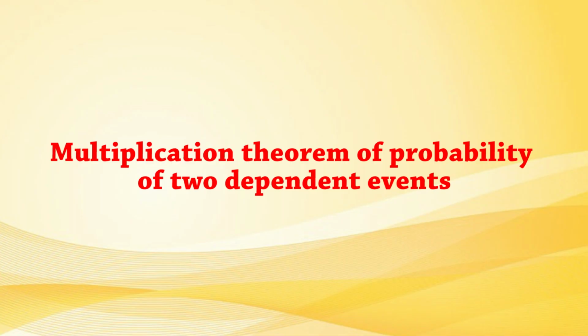In this module, we shall know the concepts related to multiplication of probability of events based on whether the event is dependent or independent. We shall now try to understand what the multiplication theorem of probability for two dependent events is.